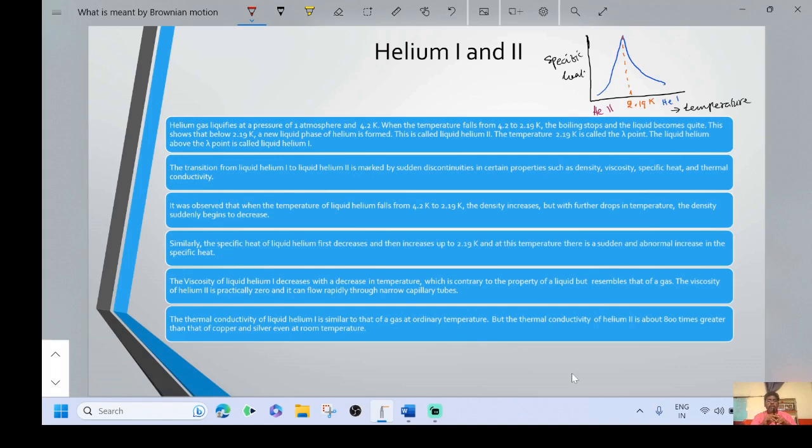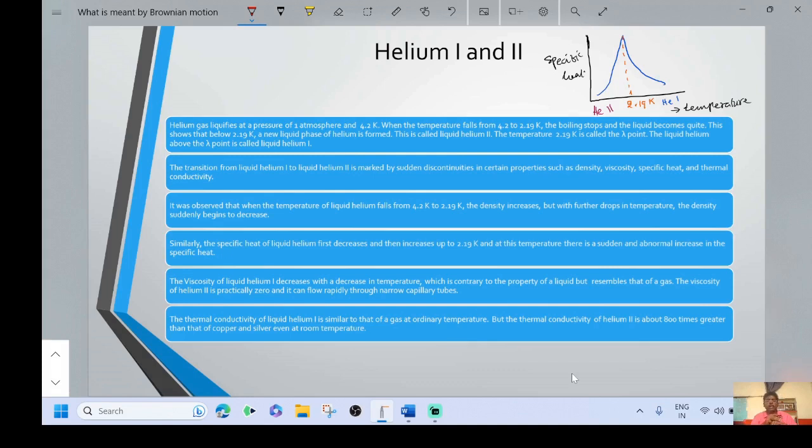The transition from liquid helium 1 to liquid helium 2 is marked by sudden discontinuities in certain properties such as density, viscosity, specific heat, and thermal conductivity.